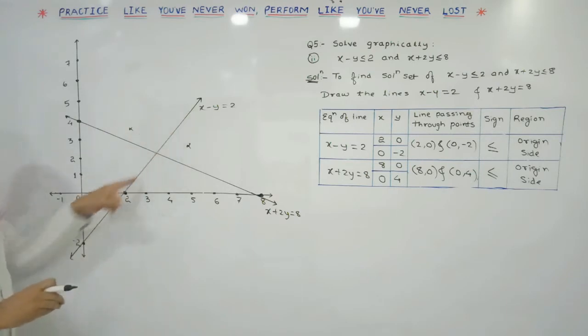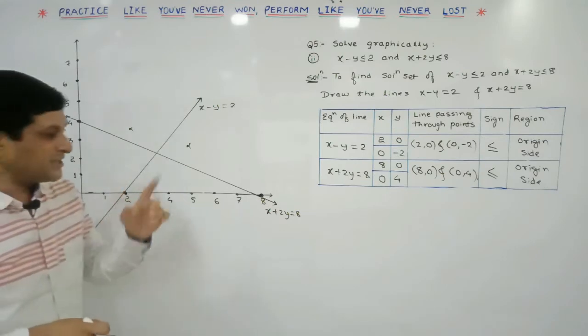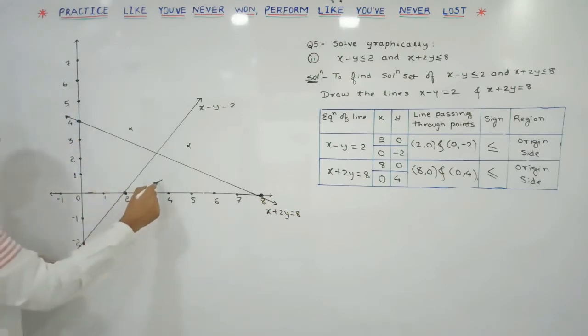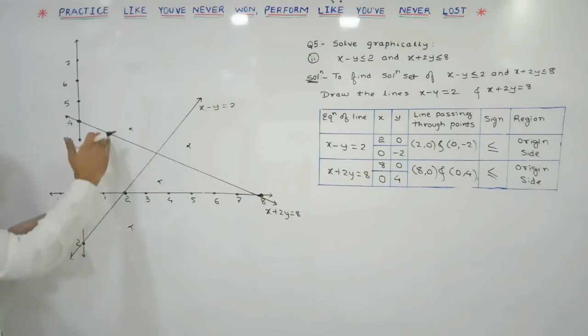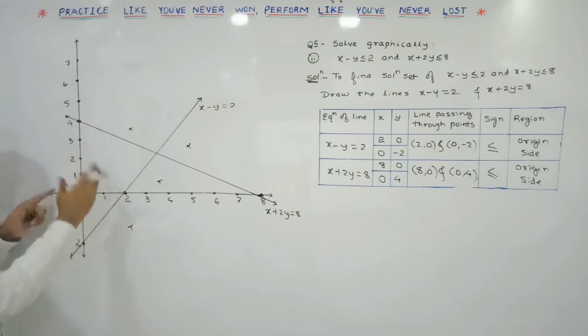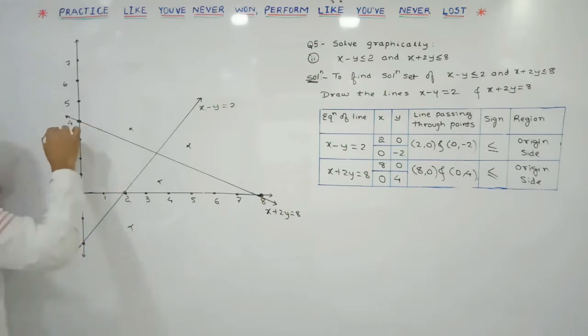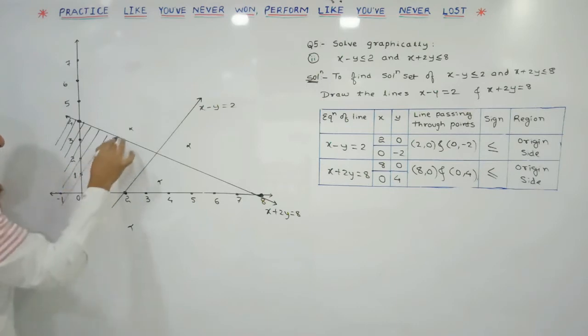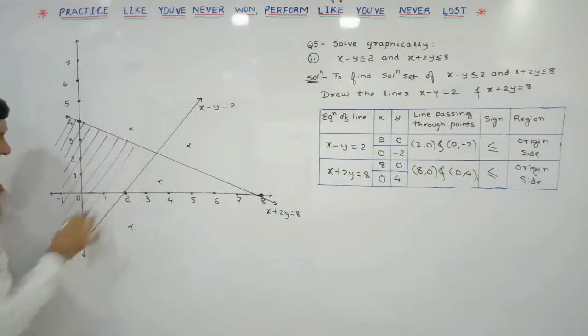And observe for the second line also, which part is our solution set? Origin side. So this is the non-origin side, meaning this is the origin side, and this part will also get deleted. For this line also origin side and for this line also origin side part will be the solution set. We can say that the shaded portion in this figure is our required solution set. Getting it?